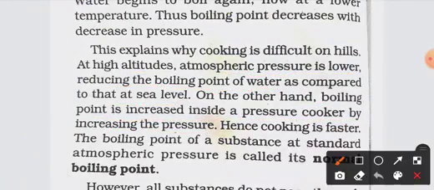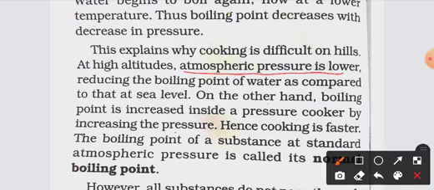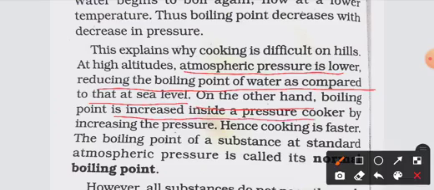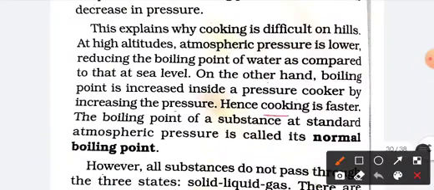If water boils at a very fast rate, it will be difficult for cooking, because cooking is done when the temperature is increased. If water is converted into steam, how will the cooking be done? So by increasing the pressure, cooking is faster.